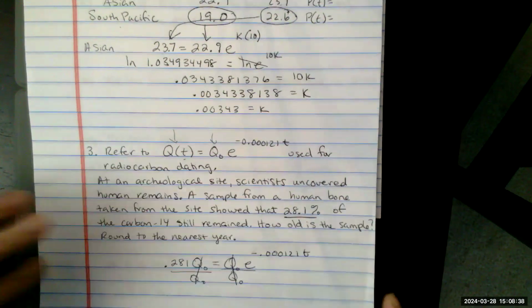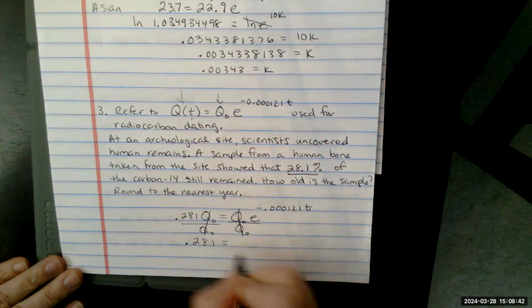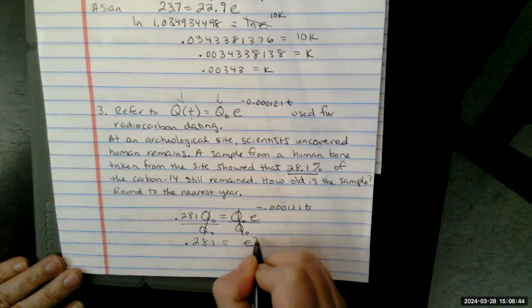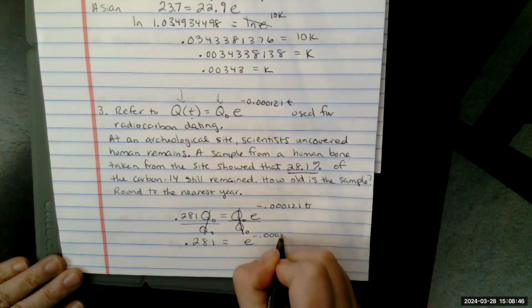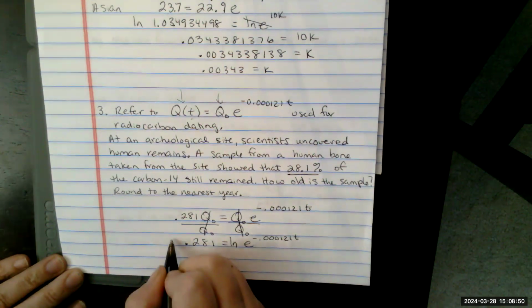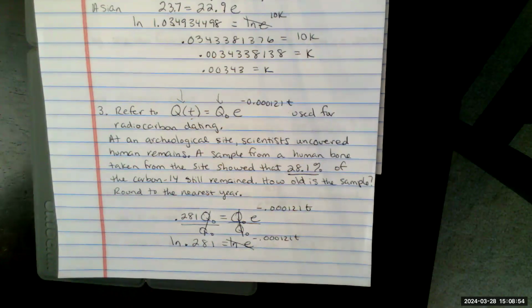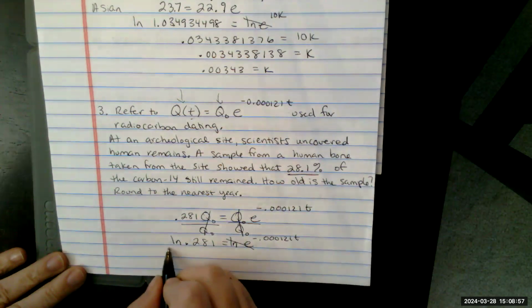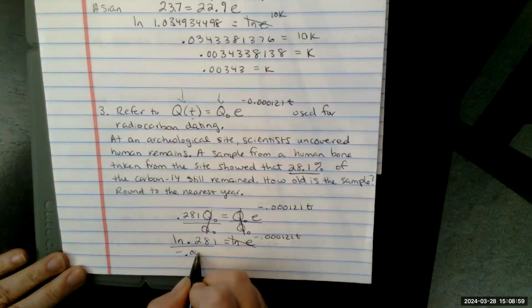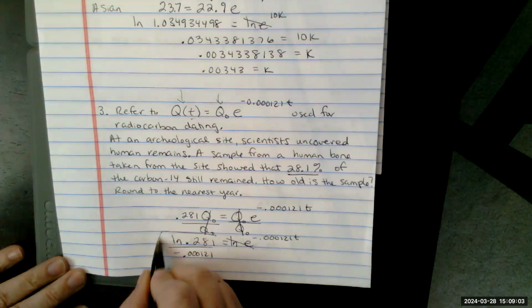So now I have 0.281 equals e to all of this. So now we would do the ln part, and then we divide by that decimal. So your final answer is what you get when you do all of this.